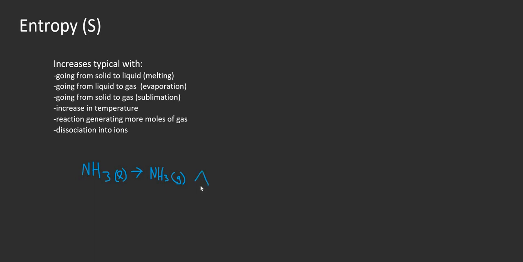So what we can say is that delta S is going to be greater than 0, because we're having that increased entropy going from a liquid to a gas, more disorganized, more disordered.